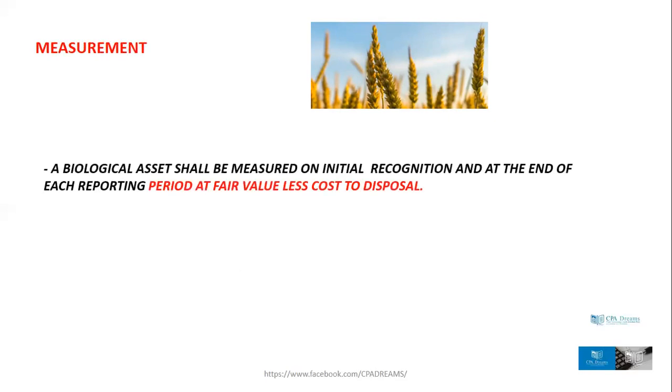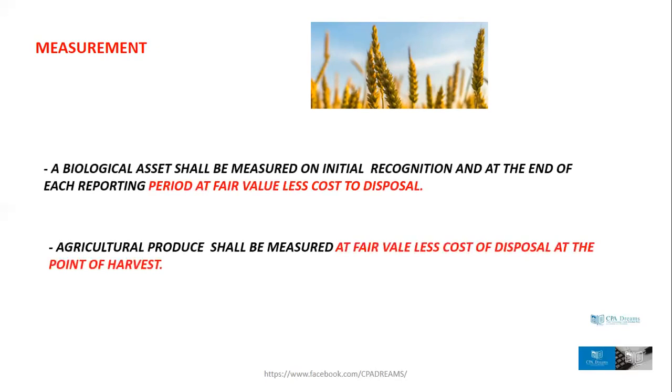A biological asset shall be measured on initial recognition and at the end of each reporting period at fair value less cost to sell. Meaning, its fair market value, and then less the costs when you sell it. Agricultural produce shall be measured at fair value less cost of disposal at the point of harvest. So, at the point of harvest only.